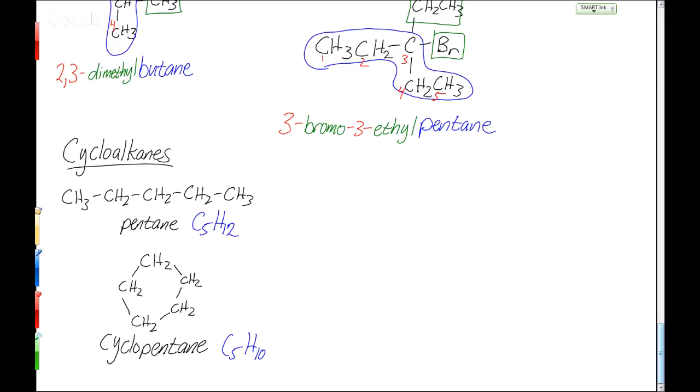So what do you think is the smallest cycloalkane that you can have? What would it be called?